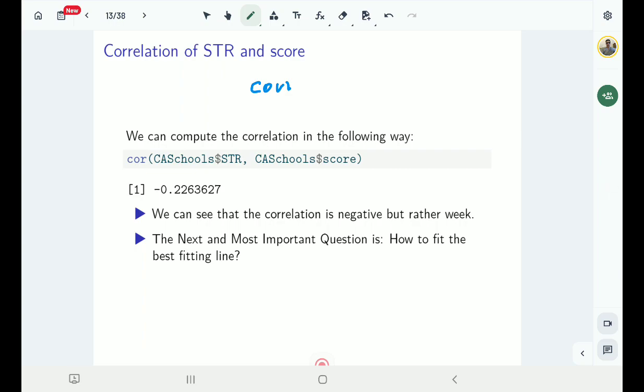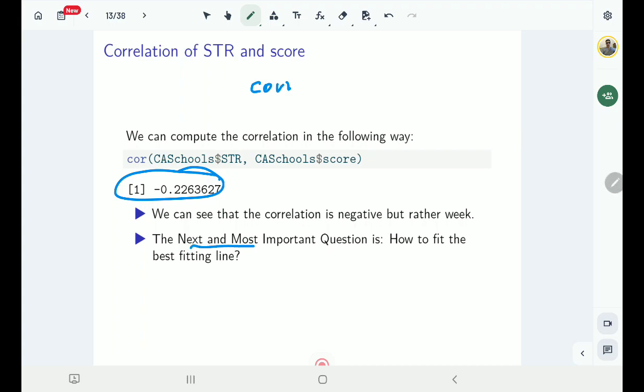And what we see here is that STR and score are actually negatively associated. They have a negative linear association, although this is rather weak, but it is still non-zero. So there is a negative linear relationship that is kind of weak, but it is not zero.